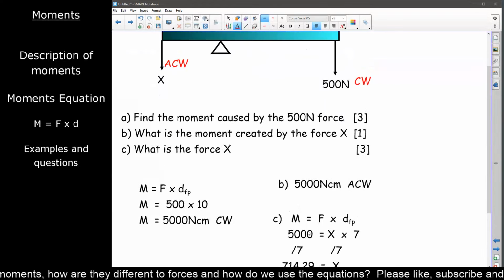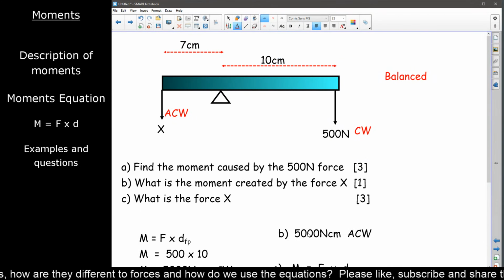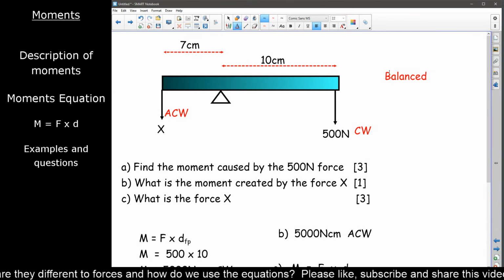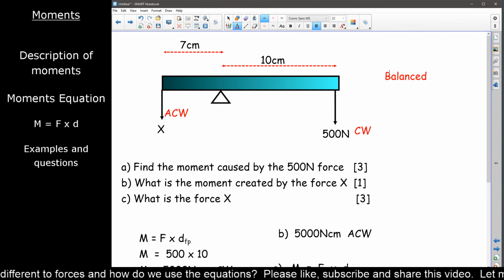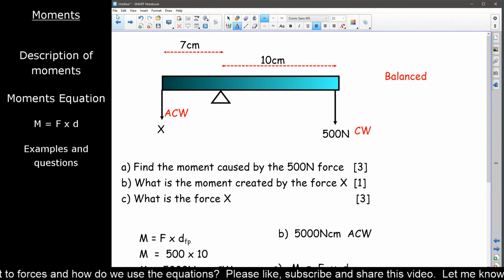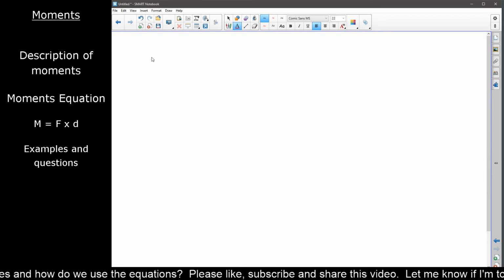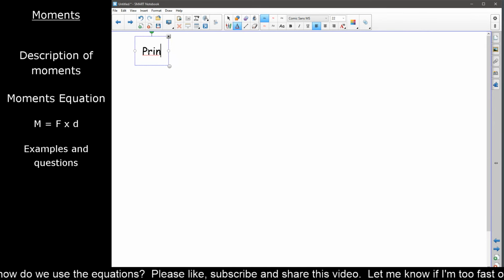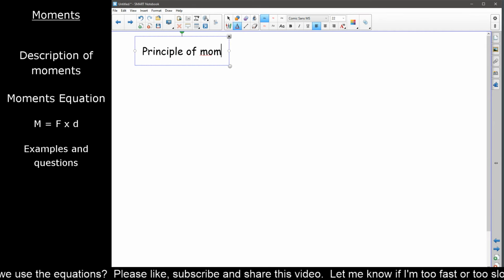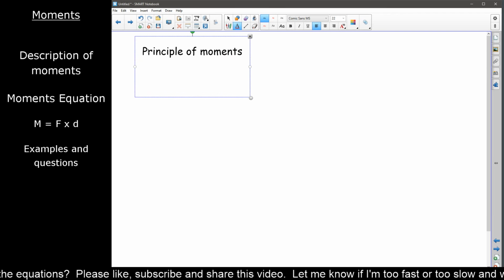Is that you can start with the concept that if a system is balanced, then the sum of the clockwise moments is equal to the sum of the anti-clockwise moments. So as my parting shot then, this is called the principle of moments. And it comes in 2 parts.